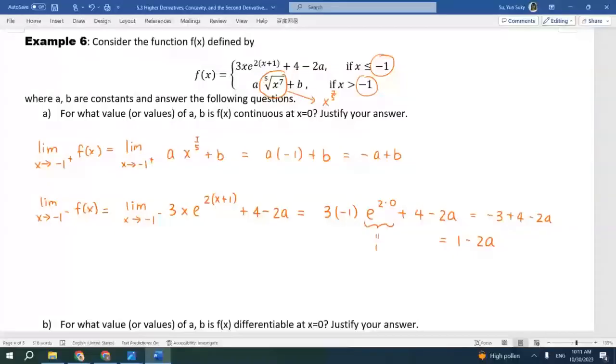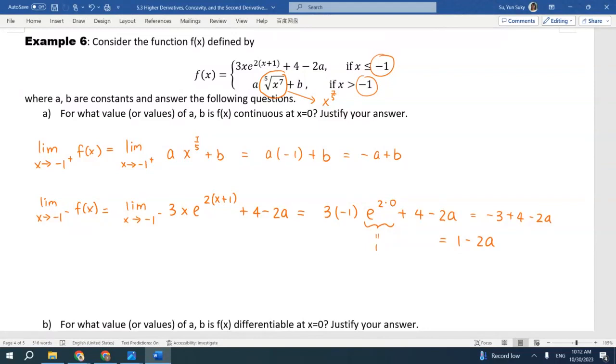For the function to be continuous, 3 things. First, the function is defined, right? Second, the limits exist. That means the left side limit equals the right side limit. And then the third one, the limit value equals the function value at that point. So remember I said you have to say f of that number, -1.